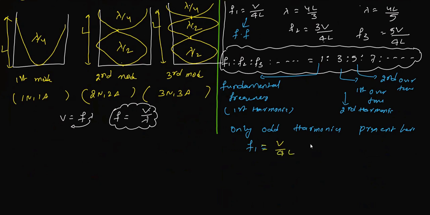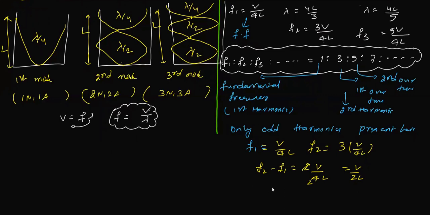F2 equal to 3 into V by 4L, that is 3V by 4L. Now I'm going to check F2 minus F1. V by 4L will come common, and 3 minus 1 is nothing but 2. Therefore, 2V by 4L, which simplifies to V by 2L.